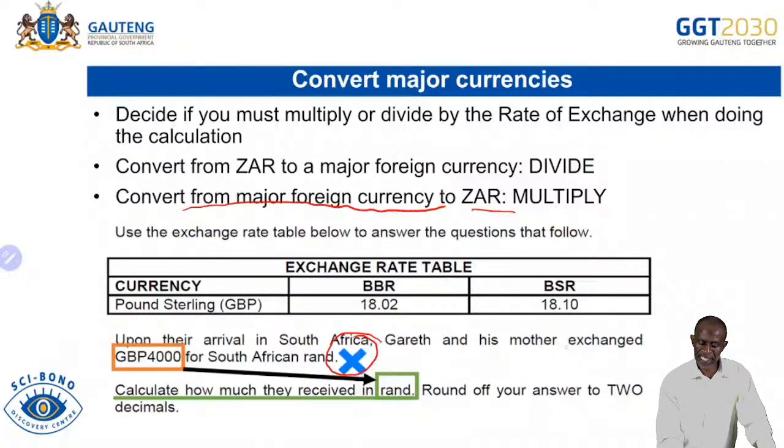So Gareth and his mother will have to multiply because they are changing their foreign currency into local currency, so they will have to use the multiplication symbol. They have to times what they have against the South African rate.